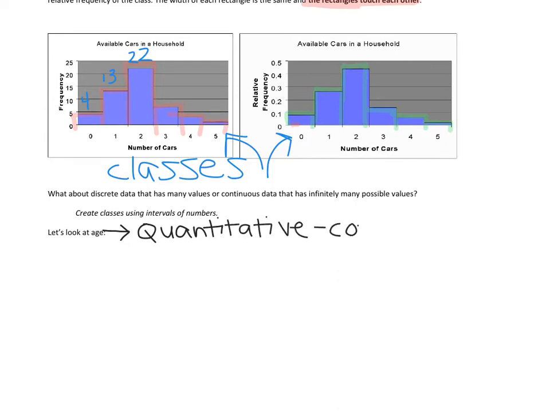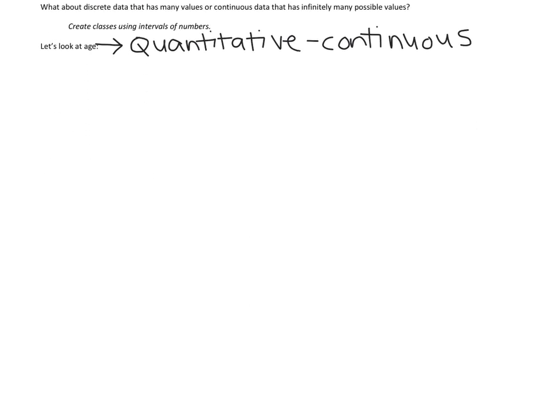So it's continuous. Okay, so because it's a quantitative continuous variable, we know that the classes are intervals. And we have units too, so that's intervals in years.